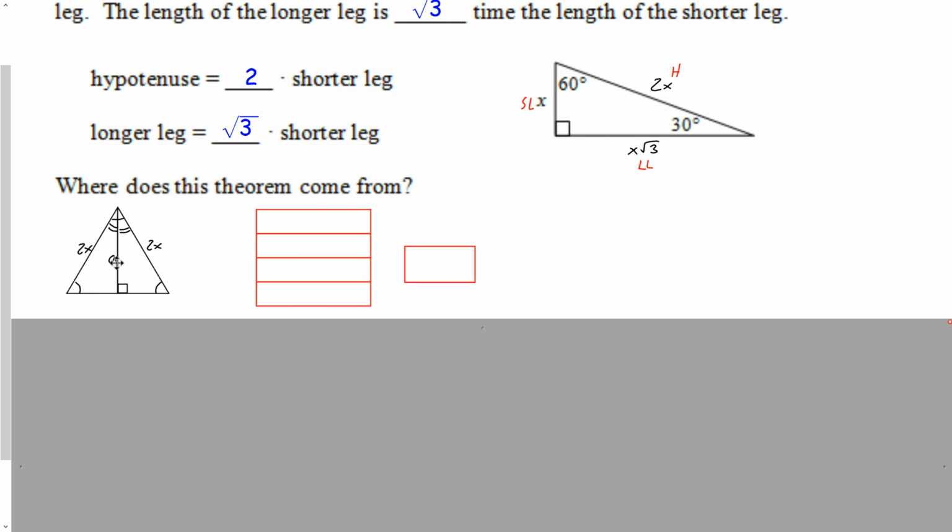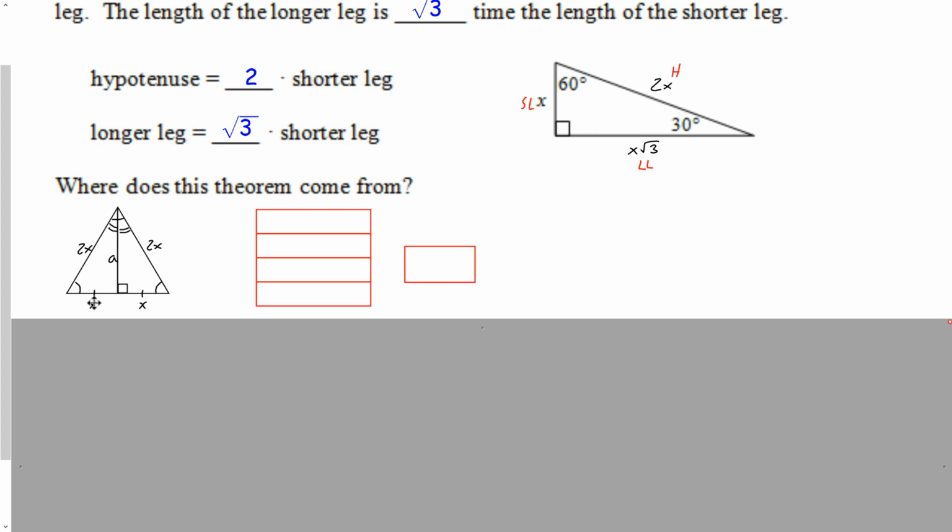And it is the perpendicular bisector of the base. Now, if we know all the sides of the original equilateral triangle are 2x, and this altitude is a perpendicular bisector of the base, this is how we could easily show, just using some of the properties from the past, that each of those shorter legs would be just x.